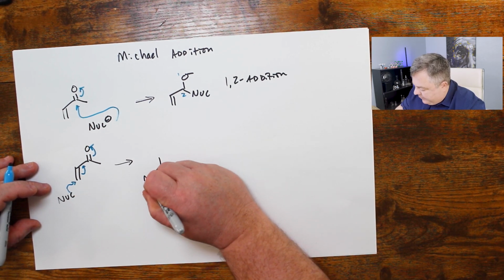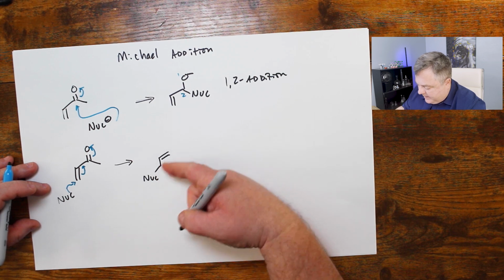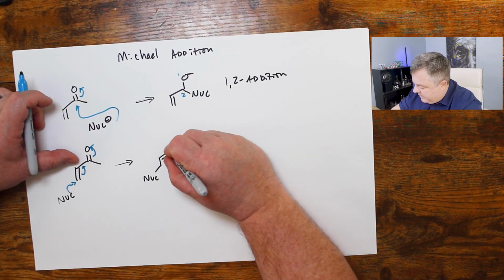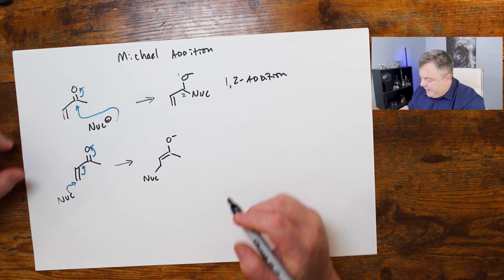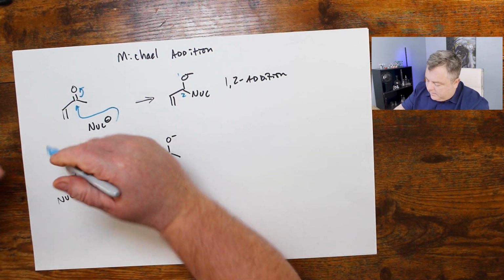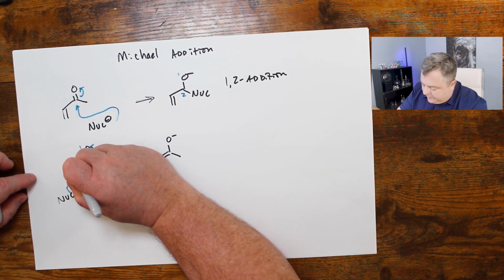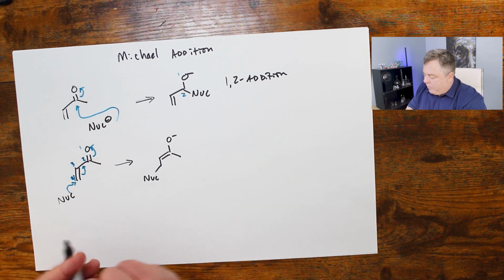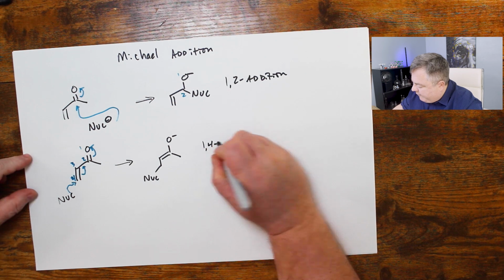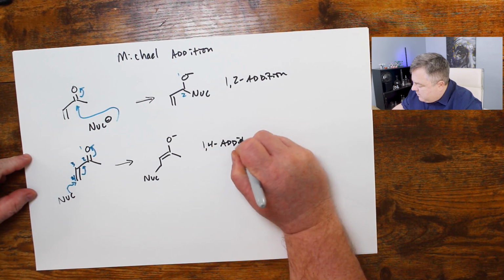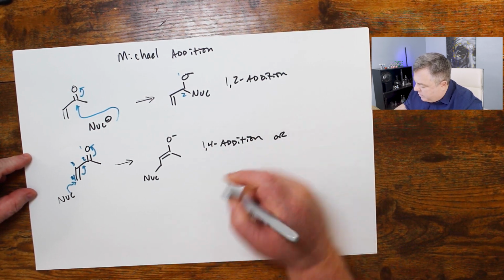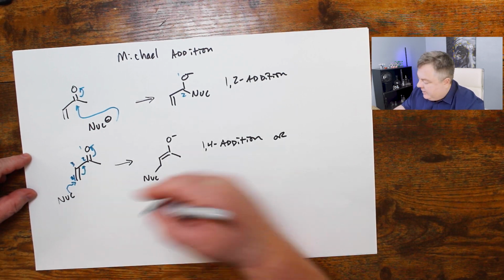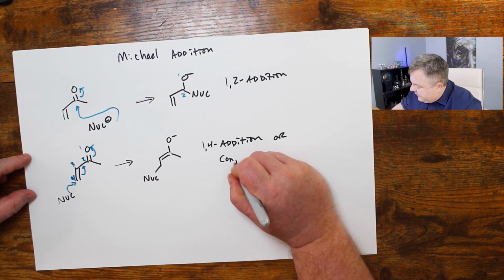So the nucleophile attacks there. Now I have a double bond here, and I still have an O minus. If this is carbon 1, the nucleophile attacked carbon 4, so some people call this 1,4 addition. Or others, because I attack a conjugated carbonyl, call it conjugate addition.